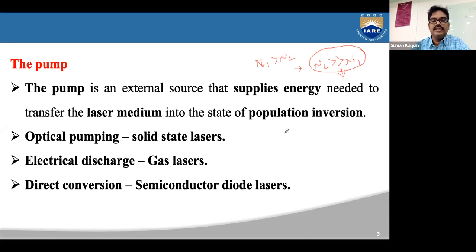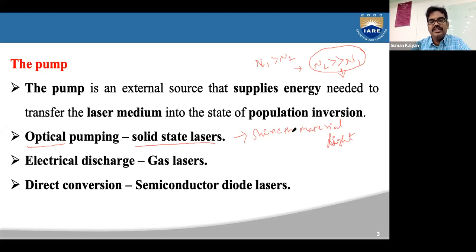As I said in the morning, there are different pumping techniques. One is optical pumping, which is used basically in solid state lasers. In optical pumping, we shine the material with light.